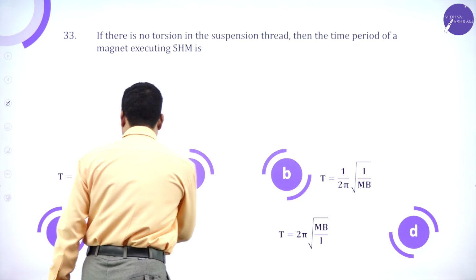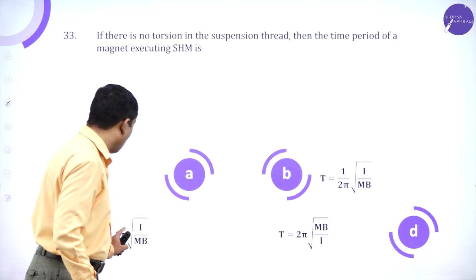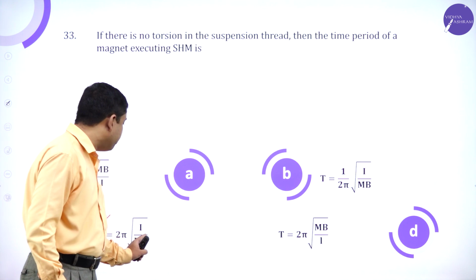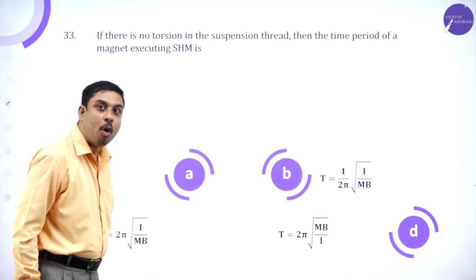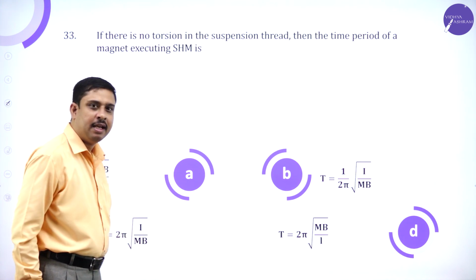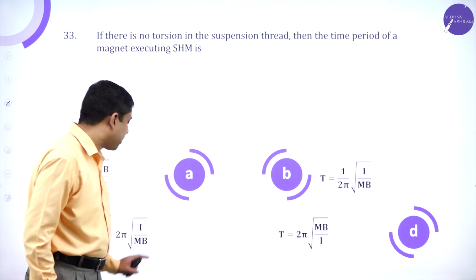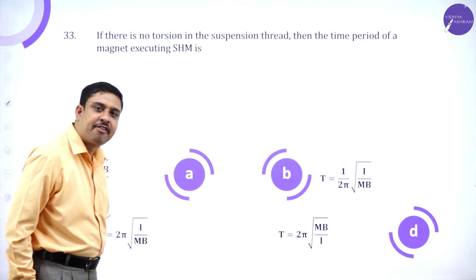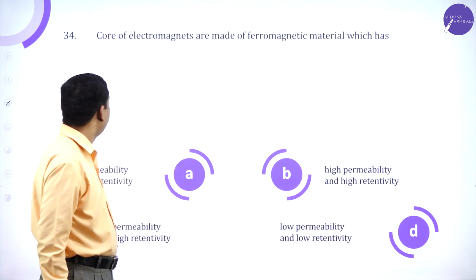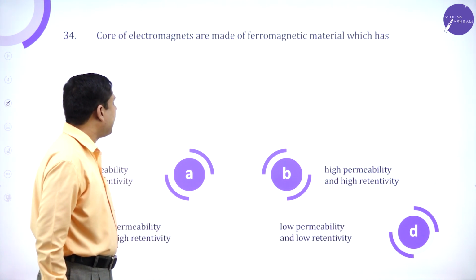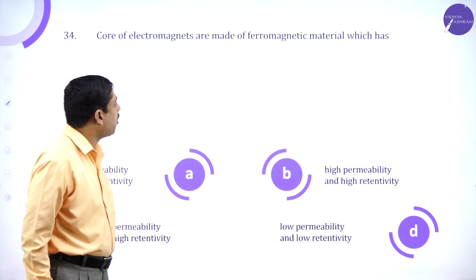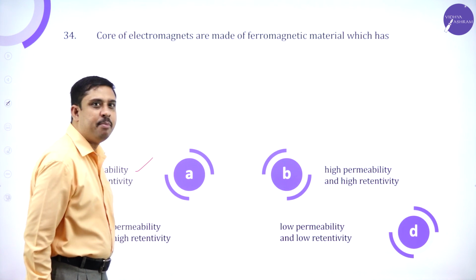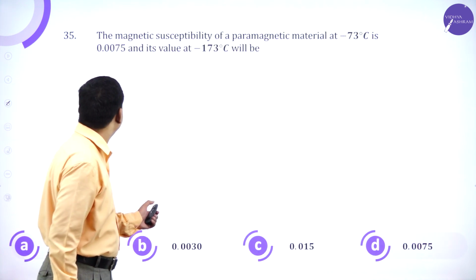So T is 2 pi root of I divided by mB, where I is the moment of inertia, m is the magnetic moment, B is the strength of the magnetic field. Core of electromagnets are made of ferromagnetic material which has high permeability, low retentivity.